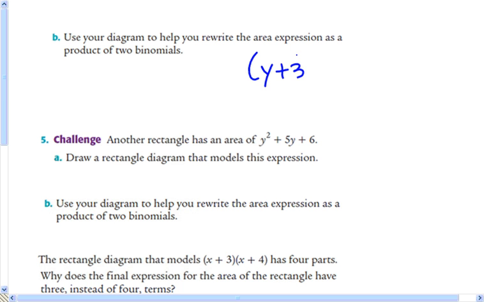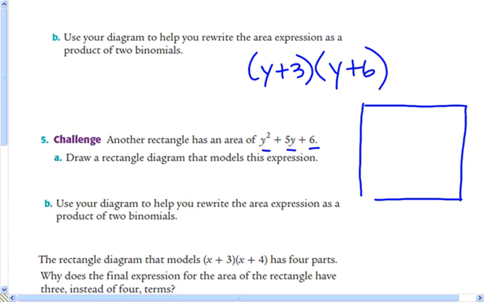Y plus 3 times quantity y plus 6. Right? So another rectangle has that area. Draw a rectangle diagram that models this expression. So I'll get you started on that one, and I think I'll let you finish that one in class. But one thing that we noticed when we did those earlier is that we always had 2 things that would simplify to one term, and that would be this part and this part.